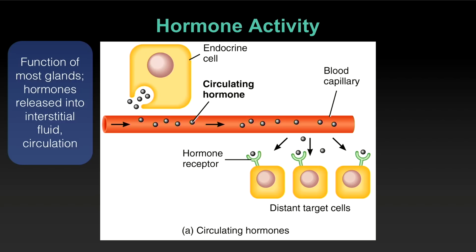This is the sponge releasing hormones into the interstitial fluid, the white area. And then if those cells are in close proximity to the blood, like this one is, the hormones will diffuse across and travel as circulating hormones in the circulation. It's a bit redundant.